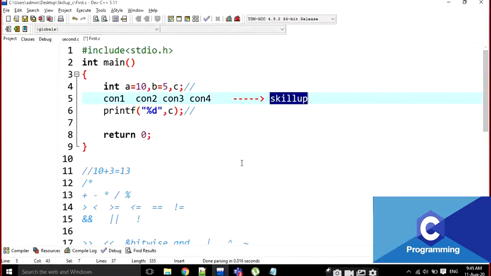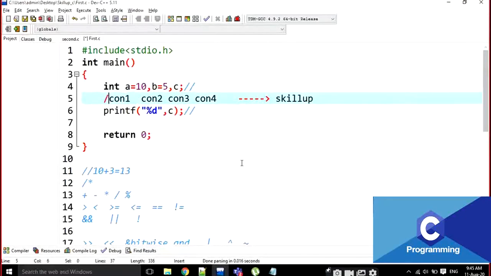Otherwise I am not attending. Here all the conditions have to be satisfied, not a single condition. That means this is called a logical and.